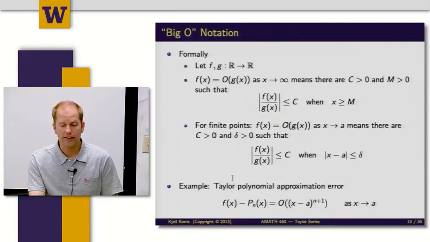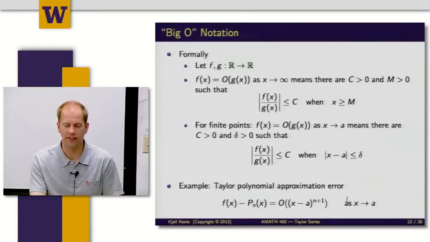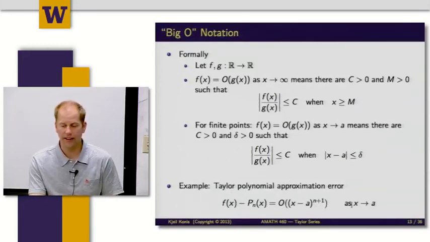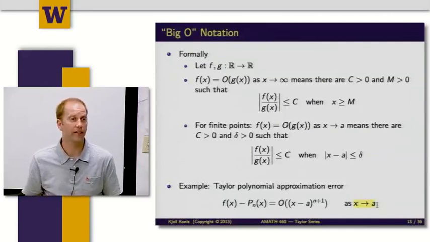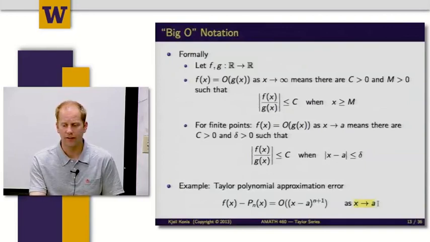And so what I'm after in this case with the second definition is I want to understand how big the Taylor approximation error is, as the point where I'm making my approximation gets closer and closer to the point a where I've built my approximation.